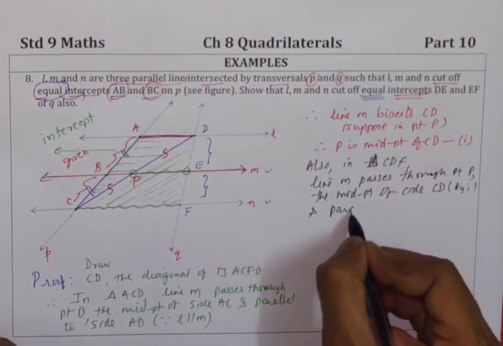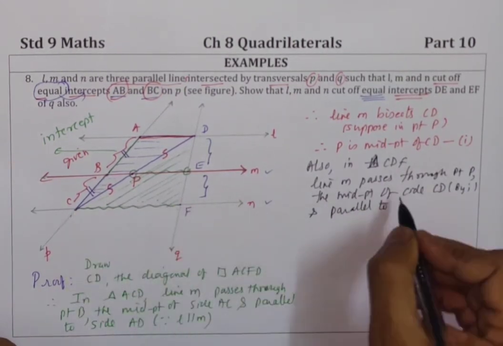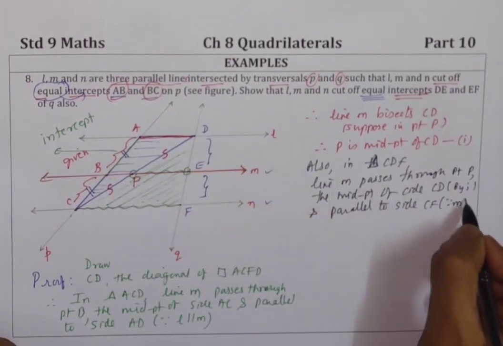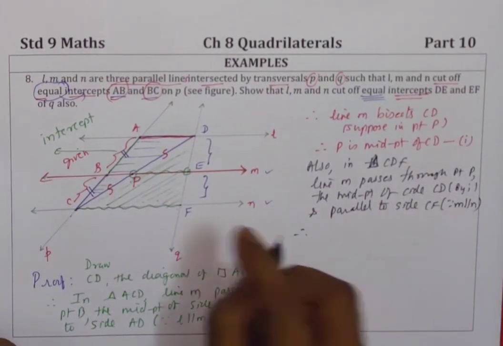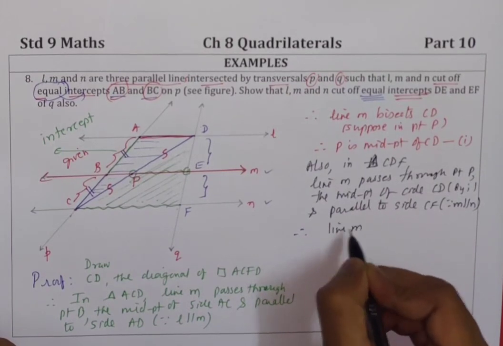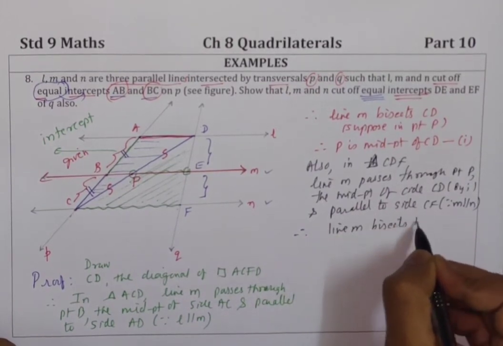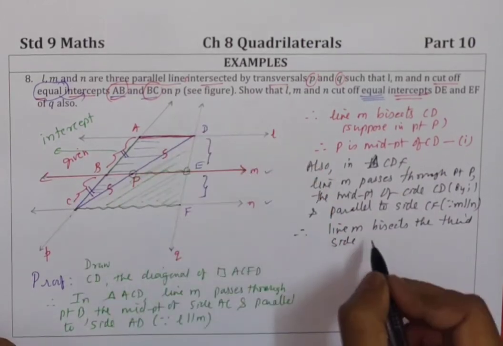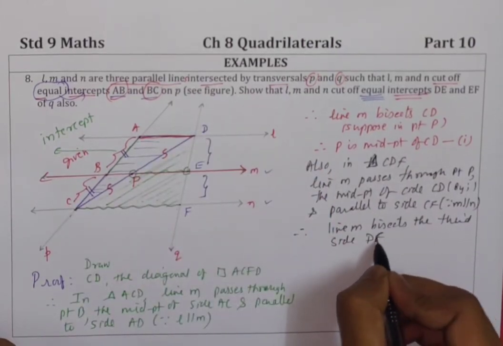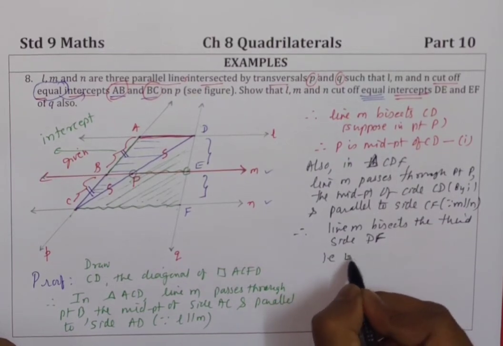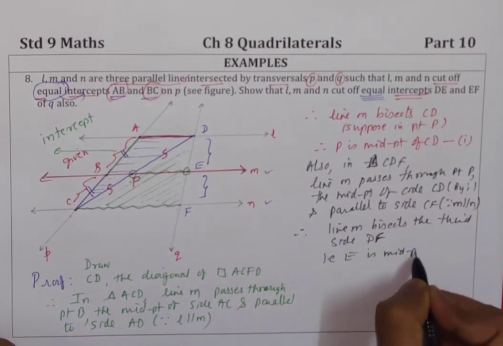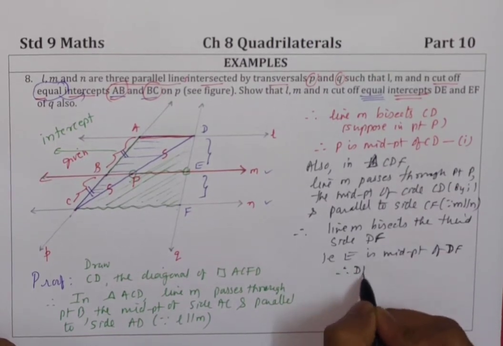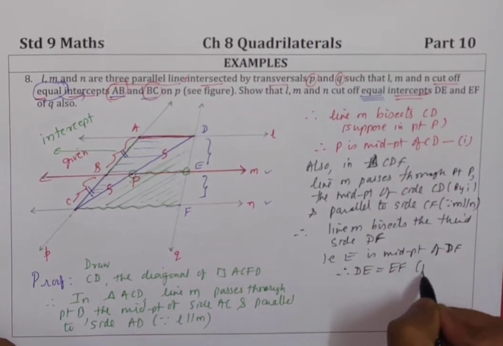And parallel to side CF. Reason, because M is parallel to N by data. Therefore, line M bisects the third side. Which is the third side of CDF? DF. All right. That is, E is midpoint of DF. Therefore, DE equal to EF. Proved.